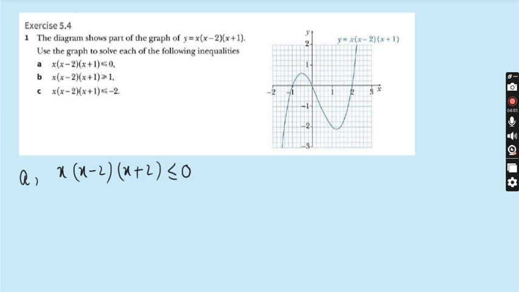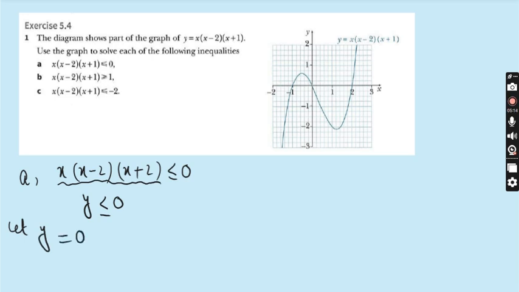And in the question, you can see y equals x(x minus 2)(x plus 1). So you can replace this portion x into (x minus 2) into (x plus 2) with y, so y less than or equal to 0.